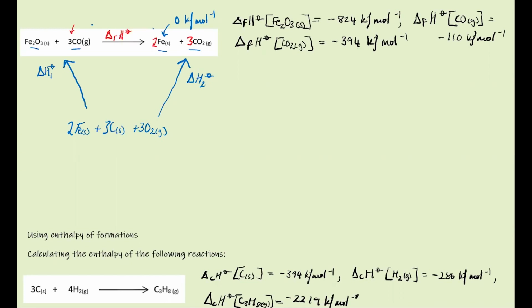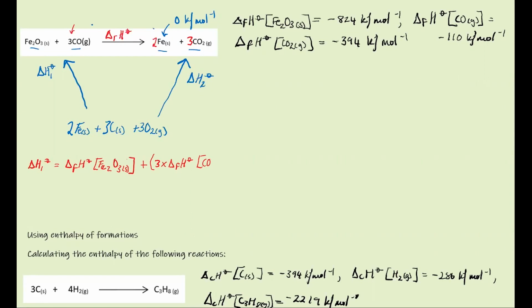Now just below, I'm going to write down what delta H1 is and delta H2. So delta H1 is equal to, now I only have 1 mole of iron 3 oxide, so it's the enthalpy of formation of iron 3 oxide, solid, plus, now we have 3 lots of the enthalpy of formation of carbon monoxide.